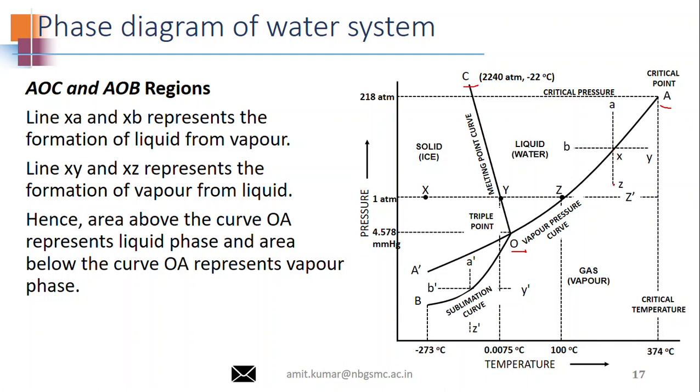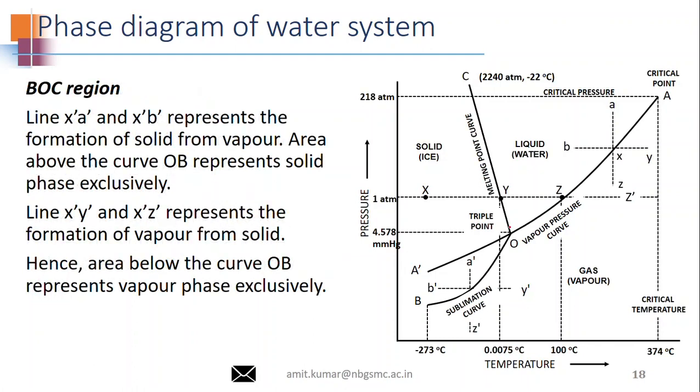That means as soon as the vapor leaves this phase boundary towards A or B, there will be a cooling of liquid. Hence above this area represents the liquid phase, and below this, from X to Y and X to Z, that represents the formation of water from the liquid phase.